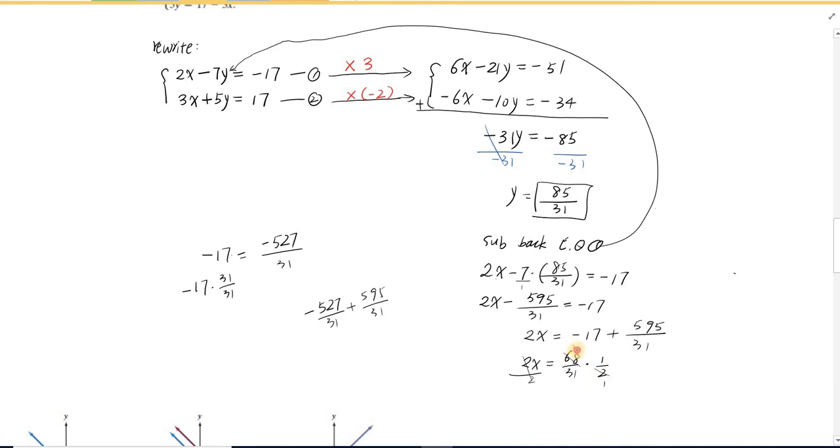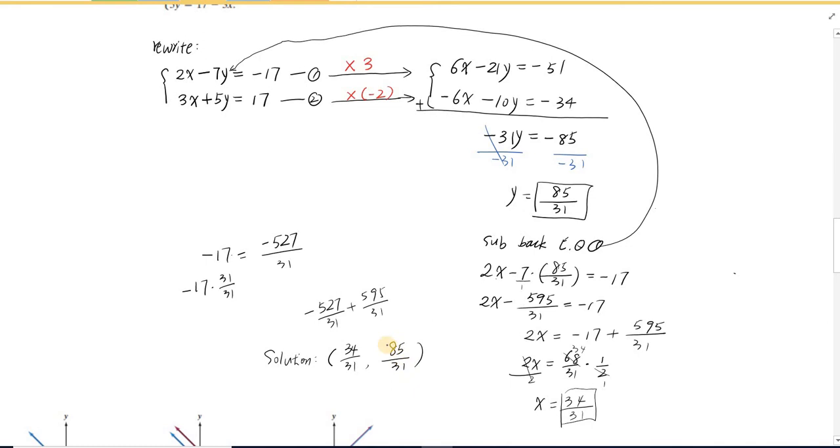That will be 1. This is going to be 34. So which means your x equals 34 over 31. So your final solution is x equals 34 over 31, and your y value is 85 over 31. So that is your answer for this example.